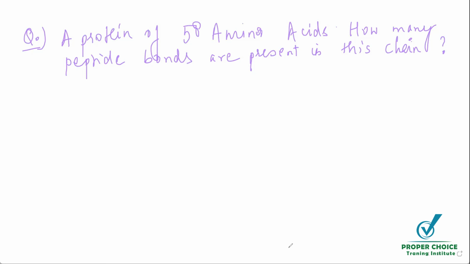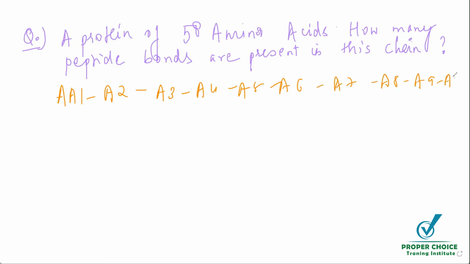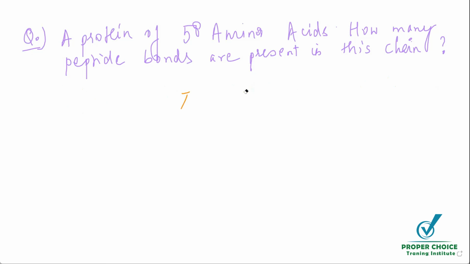But that does not make it half, no? Like 1, 2, 3, 4, 5, 6, 7, 8, 9, and 10, right? So how many bonds? 1, 2, 3, 4, 5, 6, 7, 8, 9. If I'm talking about 10 amino acids, there have to be 9 peptide bonds, no? Because each bond is joining 2.